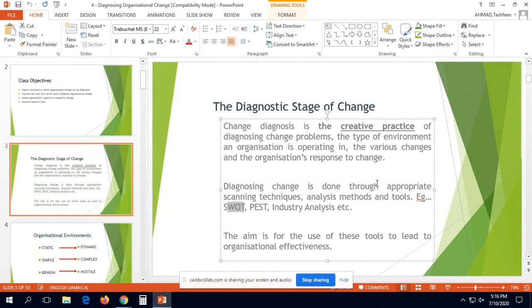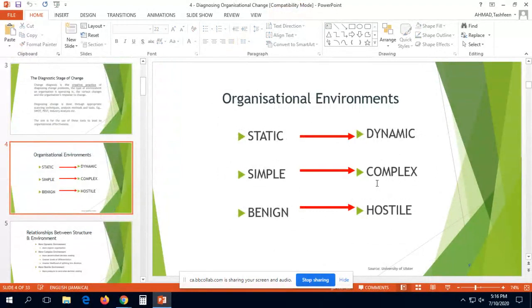These are the things you would want to think about as you try to find out some of the ways in which you should manage organizational change. You can call it management of organizational change, or you can call it diagnostic analysis.